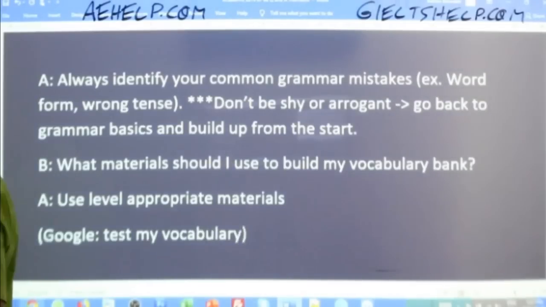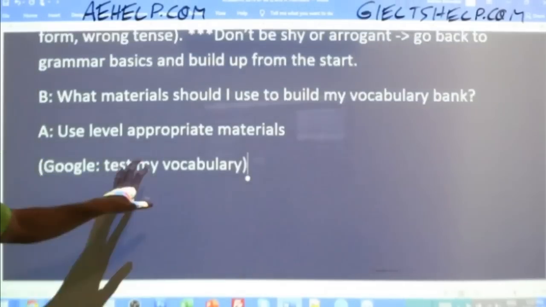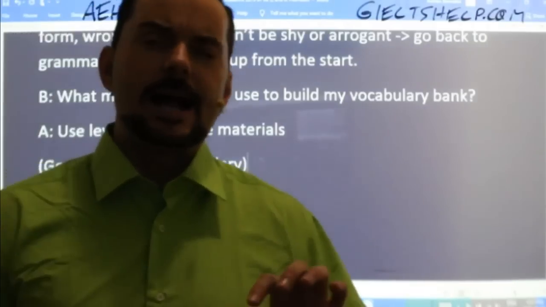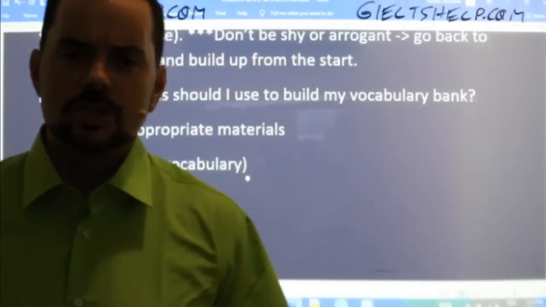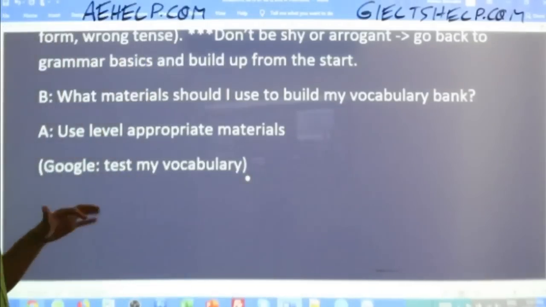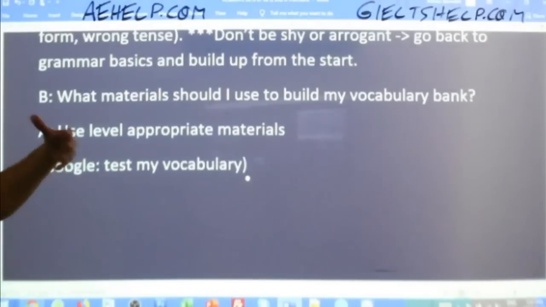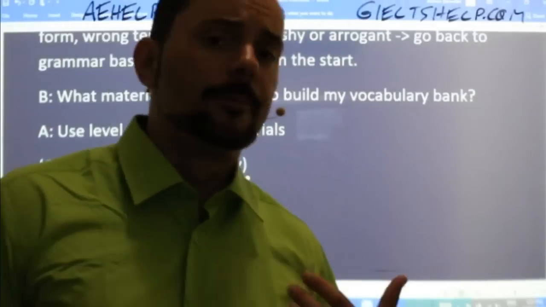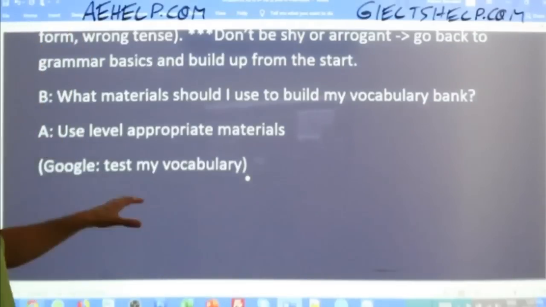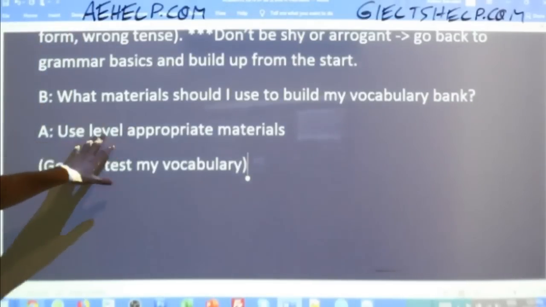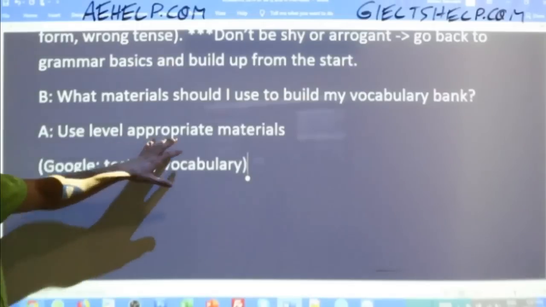If you Google this, test my vocabulary, there are some websites that can estimate how many words you know in a language. It will tell you that you know roughly about 1,000 words in English or 2,000 words in English. Based on that, you can find materials that are appropriate for your level. So when you're looking for vocabulary banks and materials, always look for level appropriate materials.